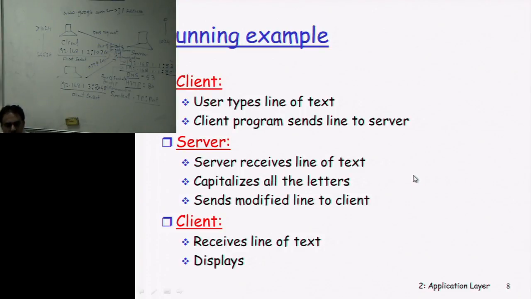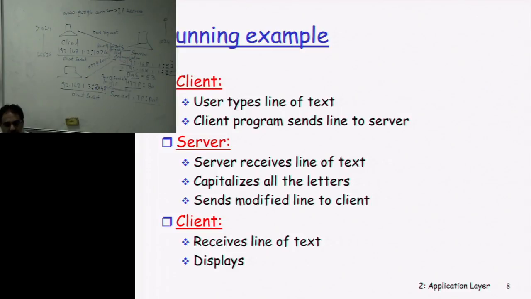Now, the example we are going to take here for this socket programming communication: we have the client side, we have the server side. The client is a user who is going to type a line of text on a prompt in the application program.